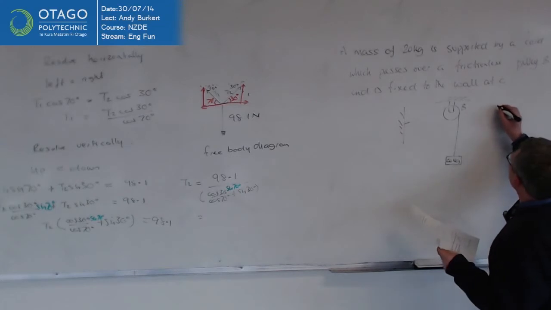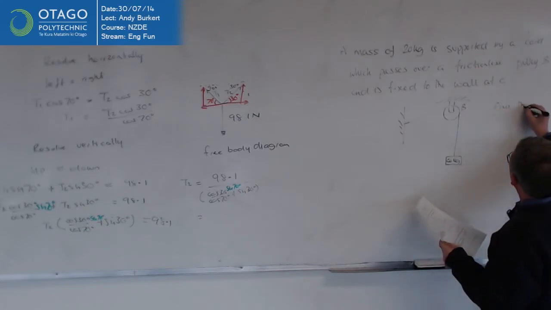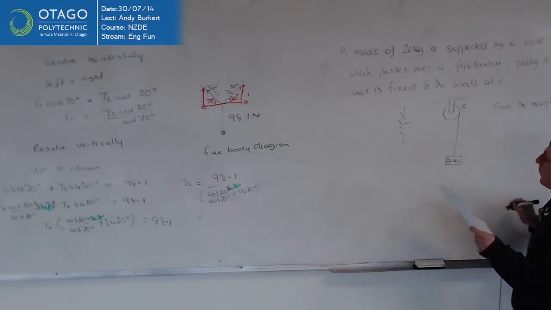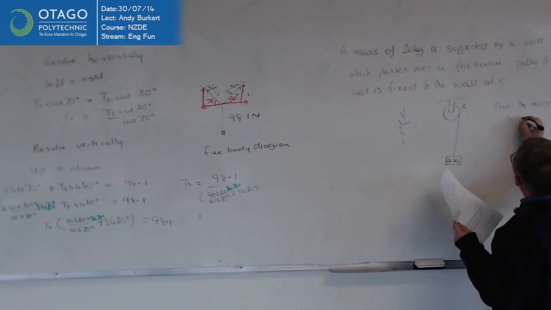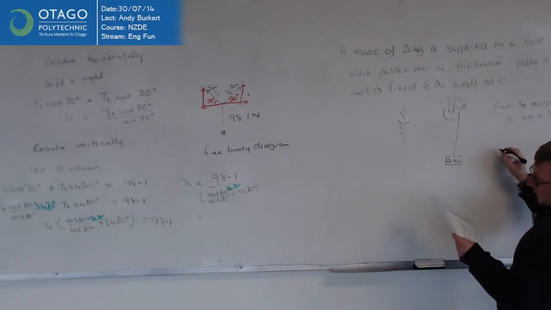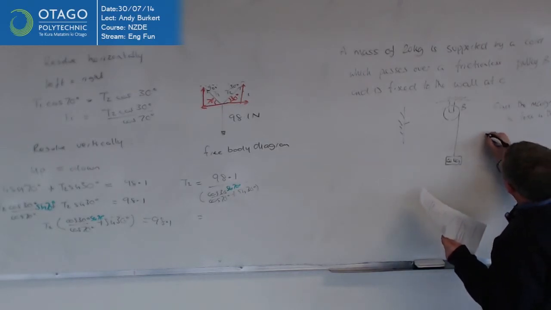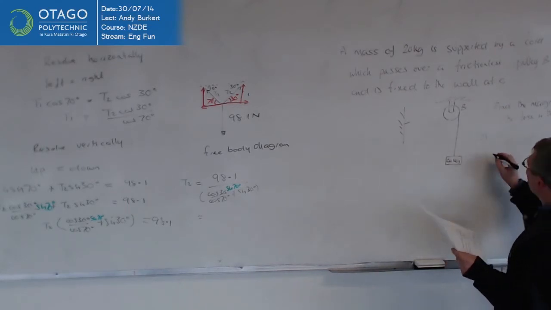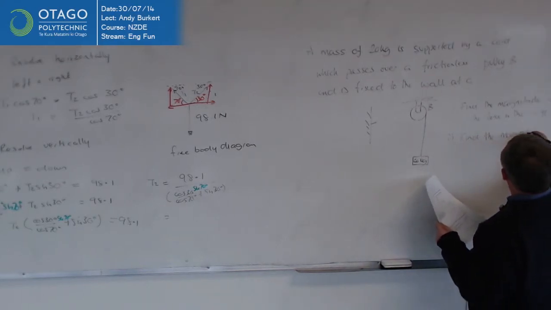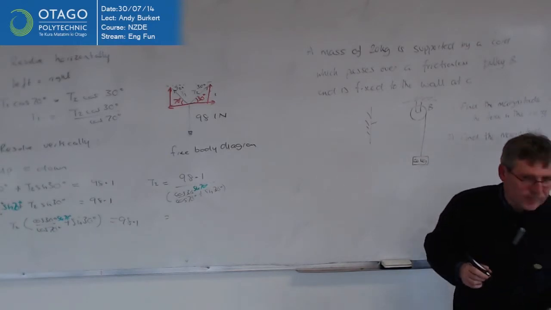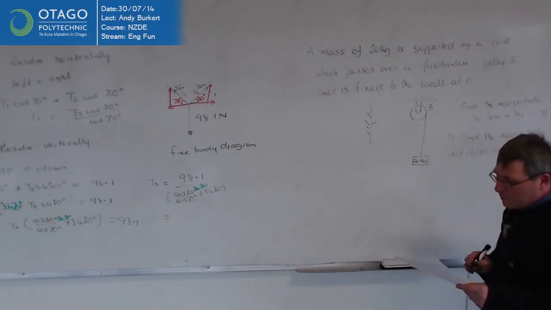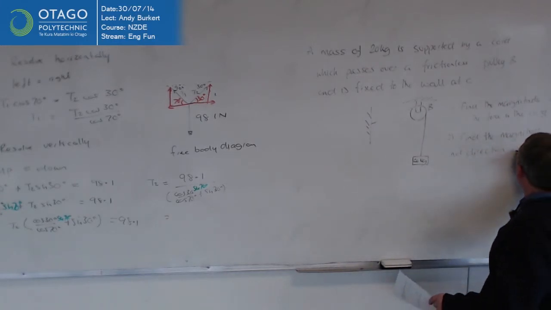So the questions we want to answer: find the magnitude of the force in the cord first, and secondly, find the magnitude and direction of the reaction at the pulley.